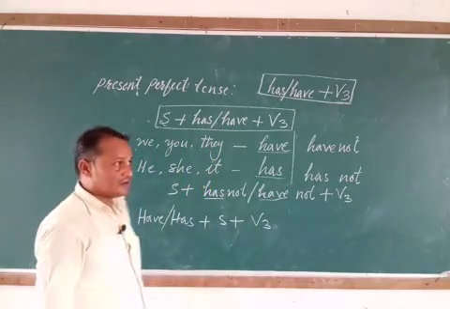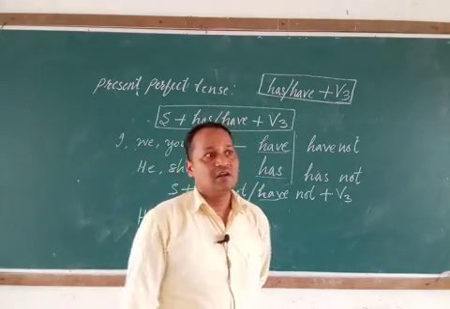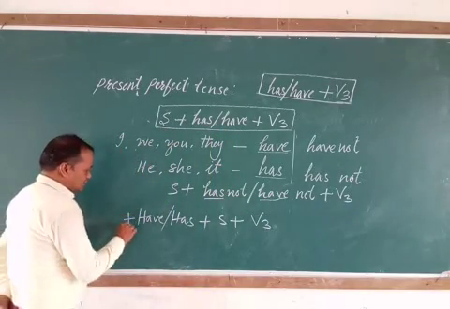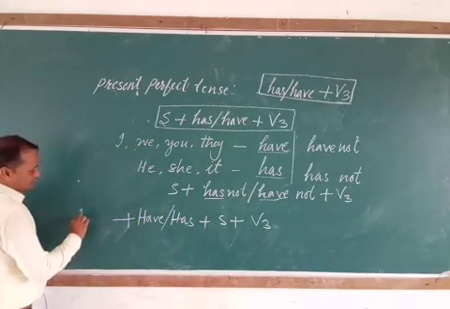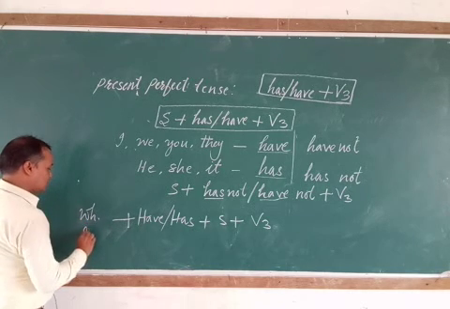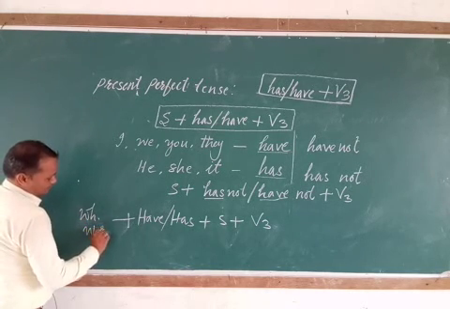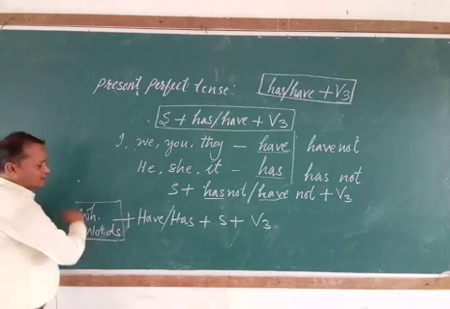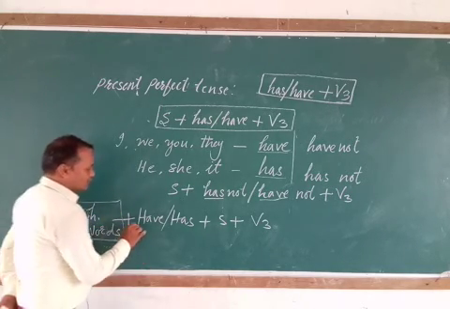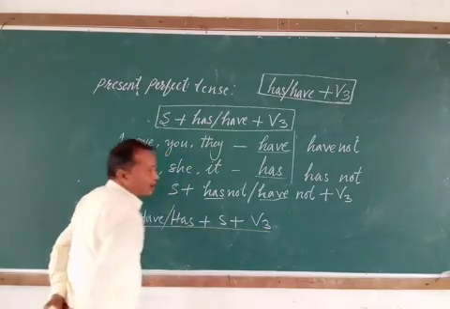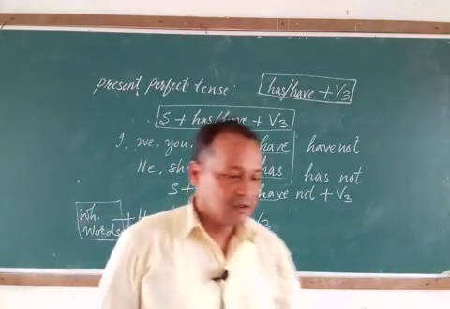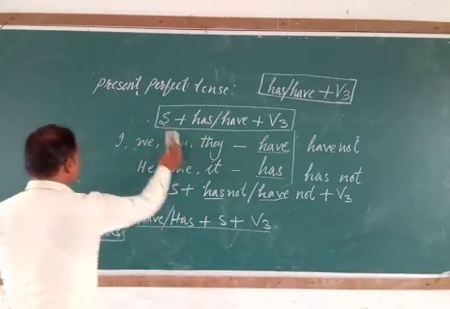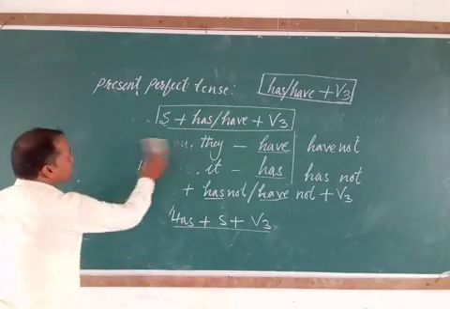If you have interrogative pronouns, interrogative words, use them before has and have. Interrogative pronouns means WH words. If you don't have a WH word, it's okay, start from here. So I will give some examples, then you will get the idea how to construct and form sentences in present perfect tense.